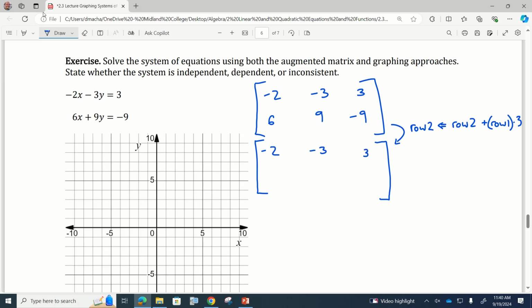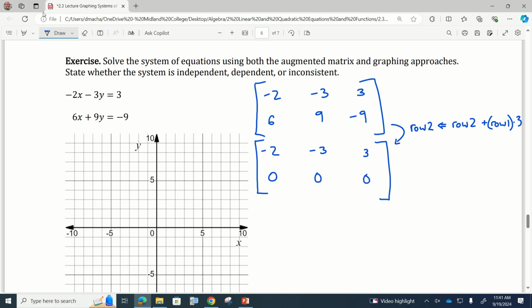And row 2 is now 6 plus -2 times 3, so 6 plus -6. And then the middle bottom entry is 9 plus -3 times 3. 9 plus -9, that's 0. And then the last entry is -9 plus 3 times 3.